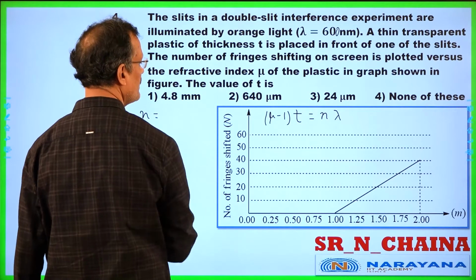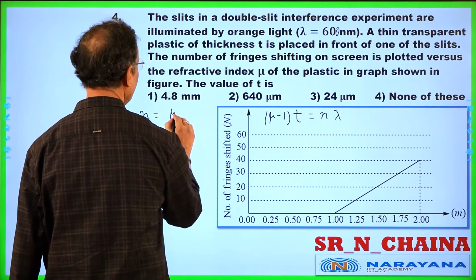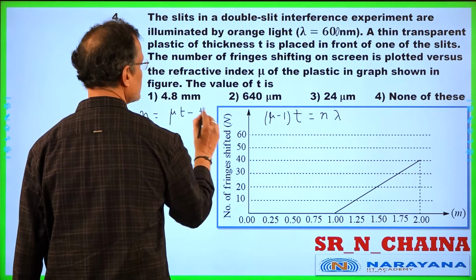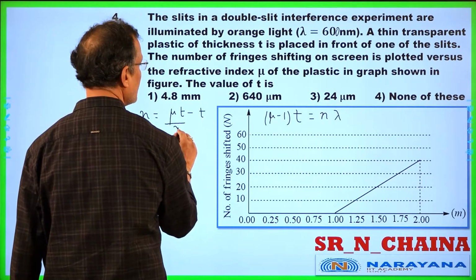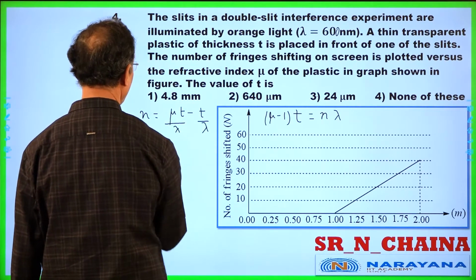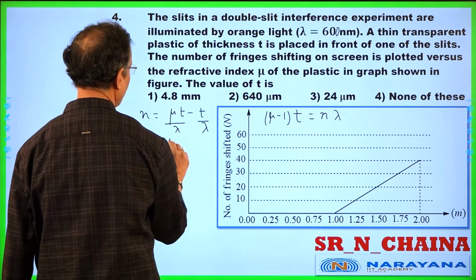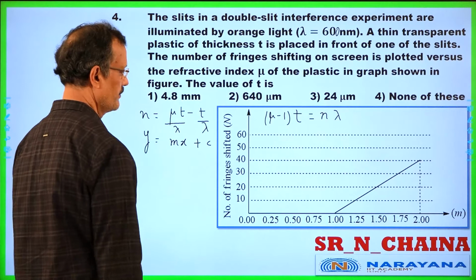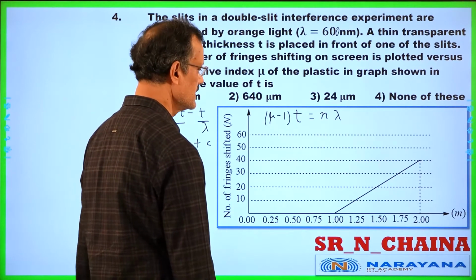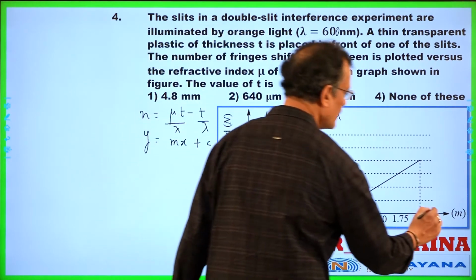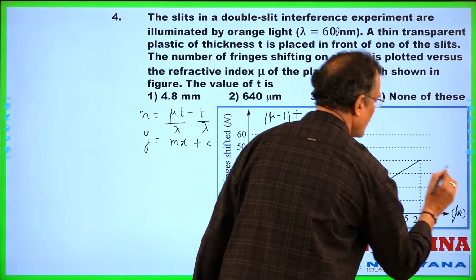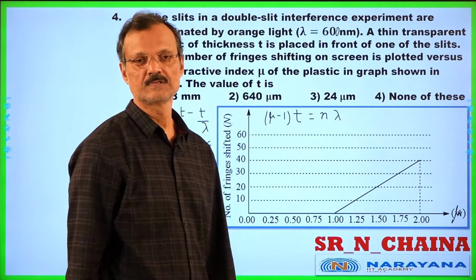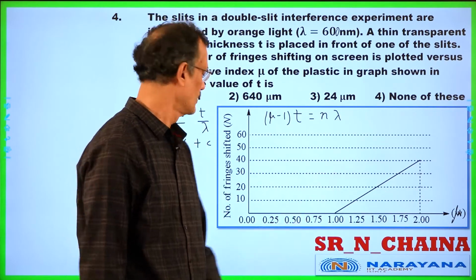So n will be equal to (mu t minus t) by lambda. y equals mx plus c. On the x-axis, you have taken not m, it will be mu.